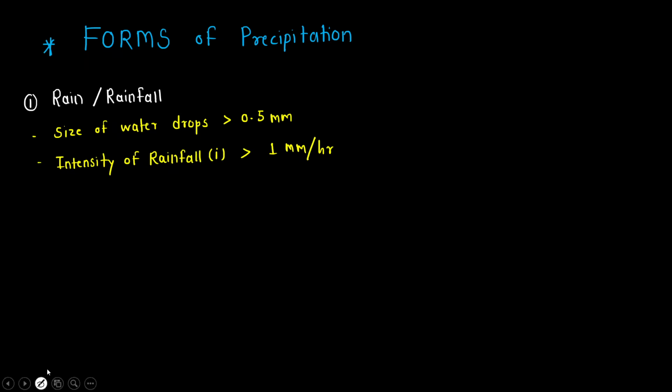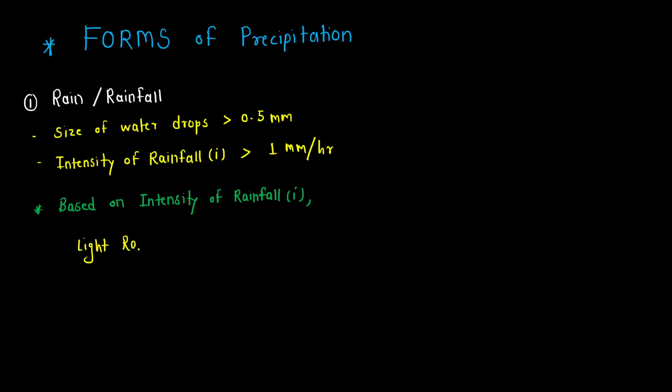Now based on the intensity, this rain is divided into light rain, moderate rain and heavy rain. So this table is important. Based on the intensity of rainfall, that is the i value, the rains are divided into three categories. The first is light rain, then moderate rain and heavy rain.